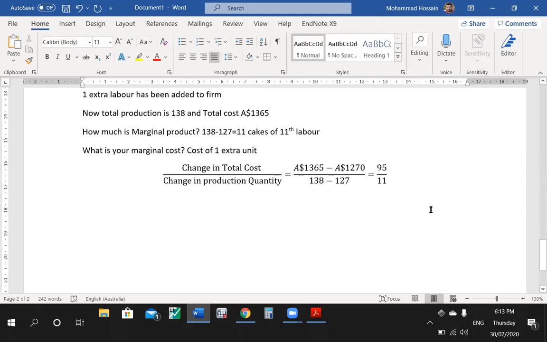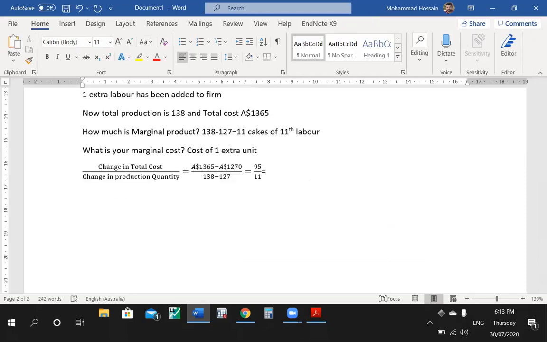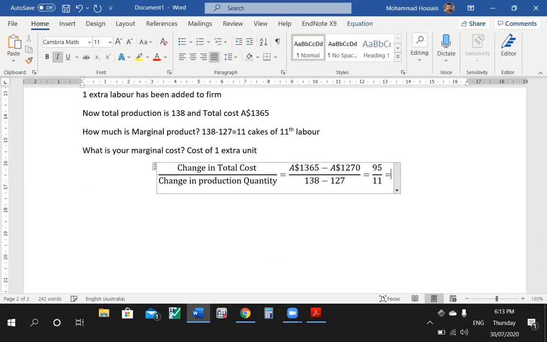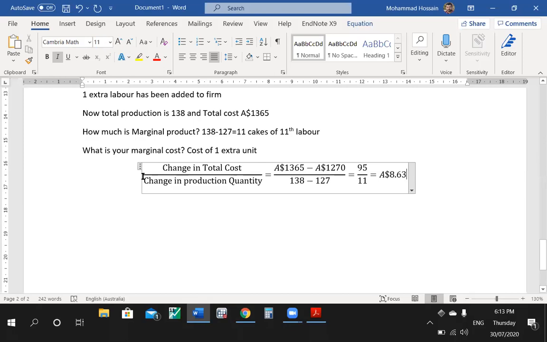Almost close to $9, 8 point something, 8.63. That's your marginal cost.